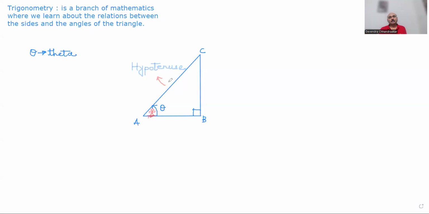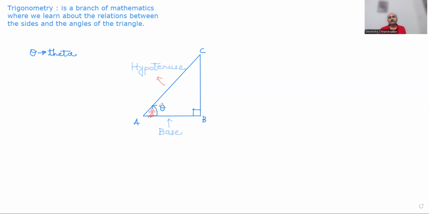Now tell me, other than AC, which side is closest to this man, or to you if you are the observer here? You can type it in the chat also. It is AB. Very good. So this side is called the base.